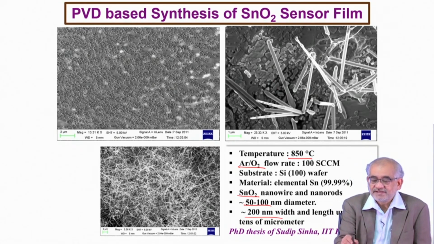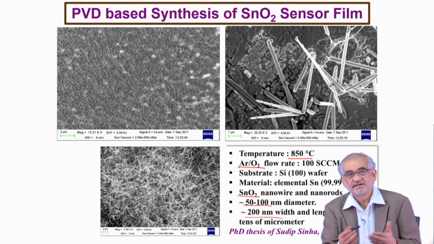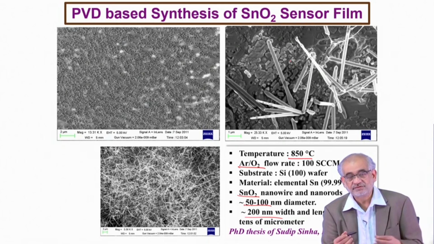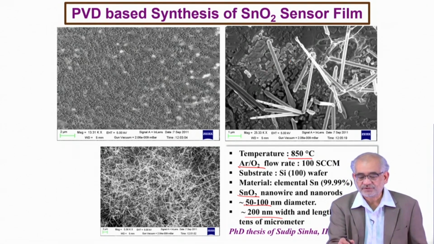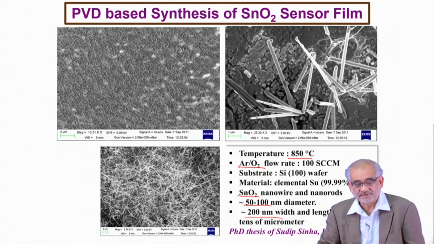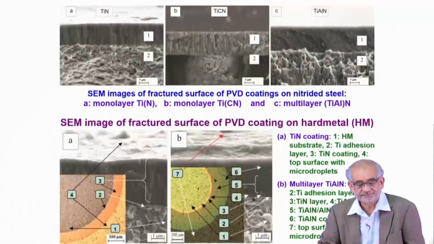And to create such exotic structures, you can modify the conventional PVD and change the process parameters and allow feed in a particular rate and way, so that you can produce such very thin layers with large aspect ratio structures.